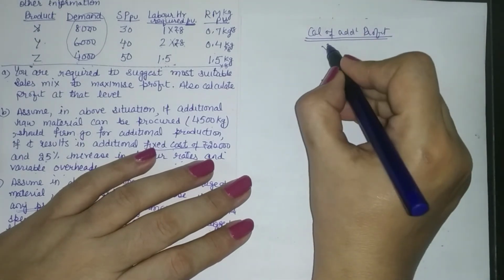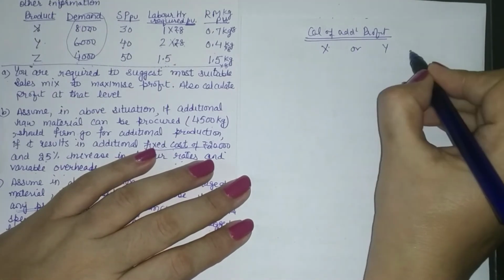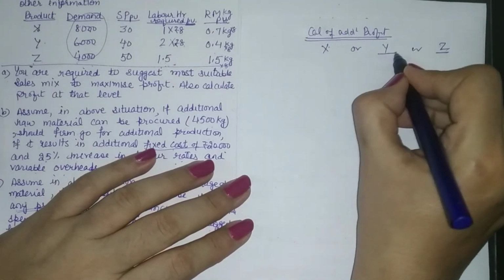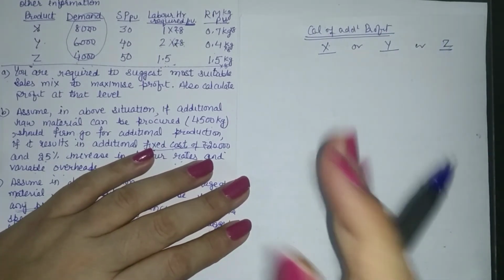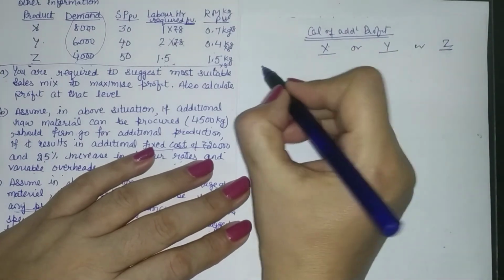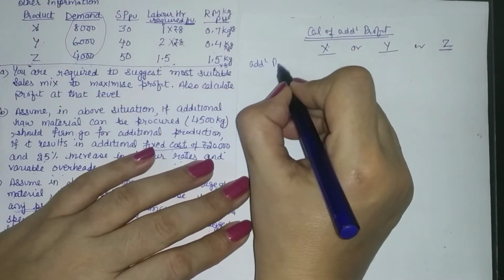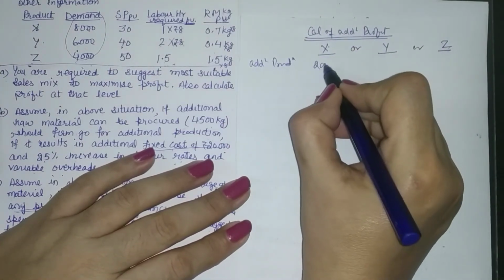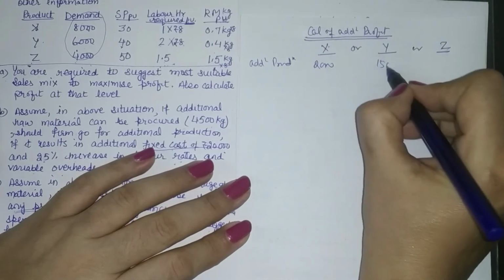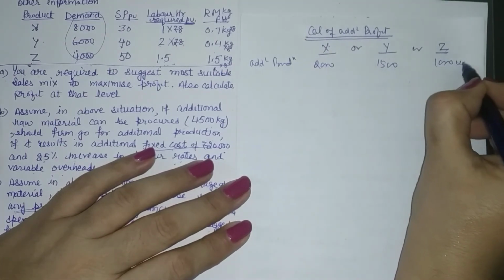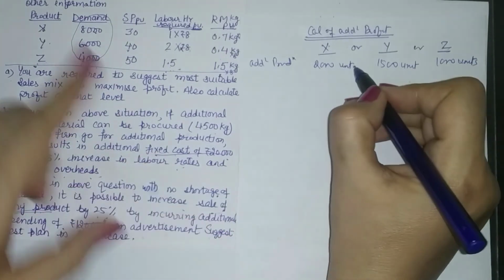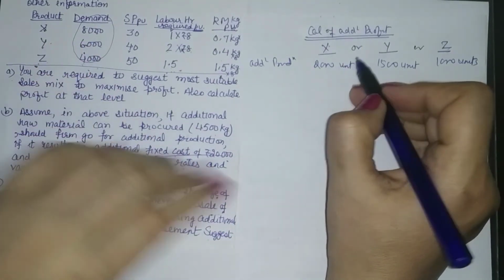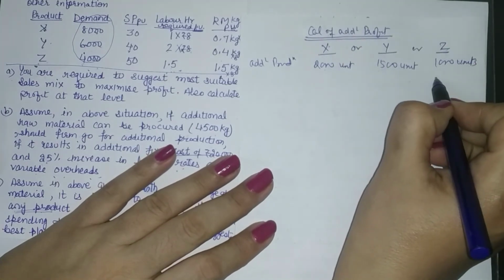Okay, now product line X or Y or Z. I am writing "or" because you should not be confused that all are there. It will be either or question. So additional production, 2000 units, 1500 units and 1000 units. Why? Because it is 25%. So 25% of 8000, 6000, 4000, you can specify this here also.